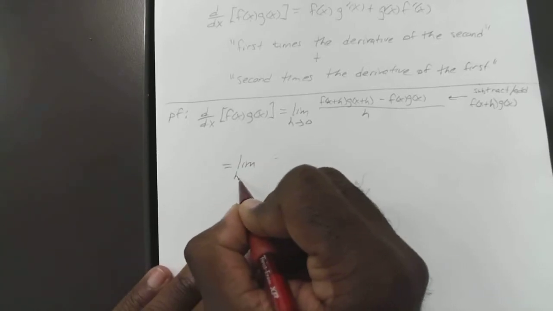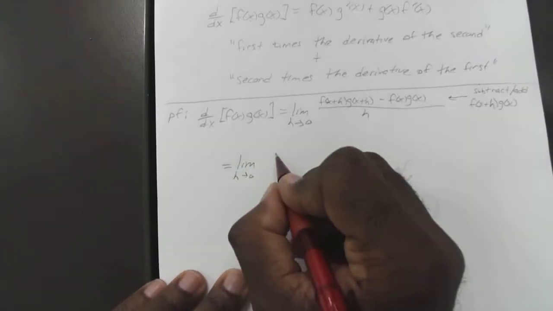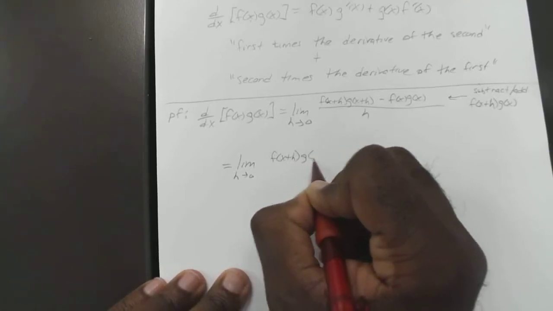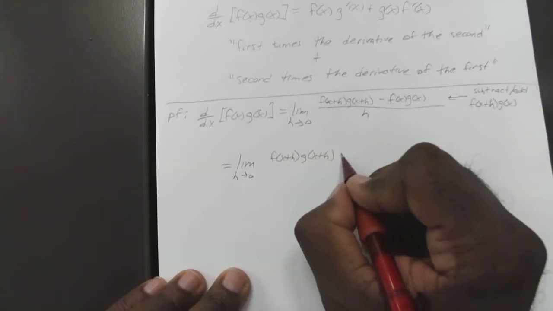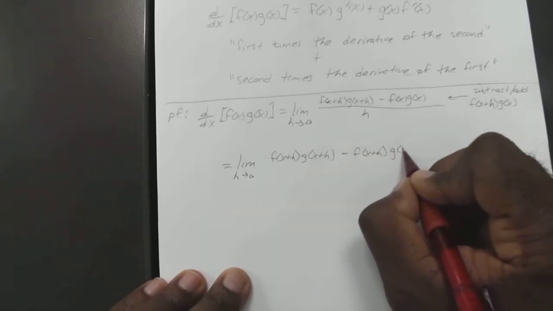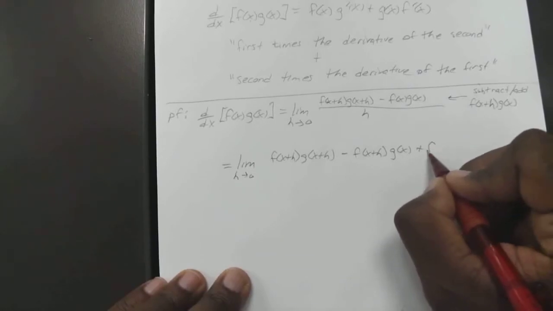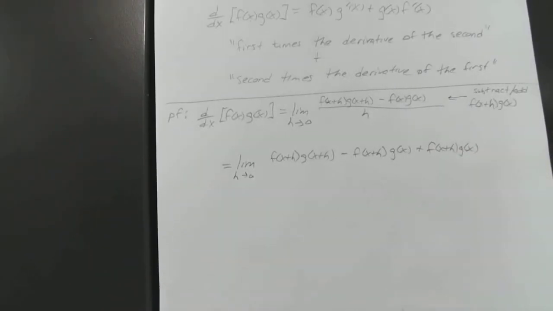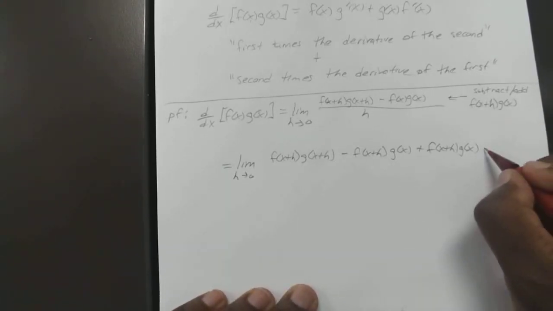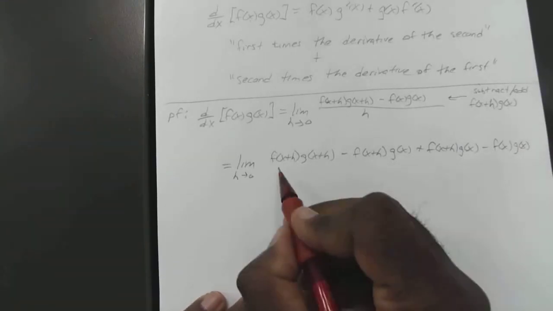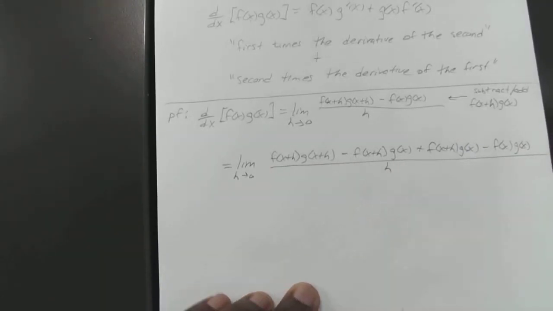So the limit as h approaches 0 of f of x plus h times g of x plus h, minus f of x plus h g of x, plus f of x plus h g of x. So technically we just added 0 since we subtracted and added the same thing. Minus f of x g of x, all over h.